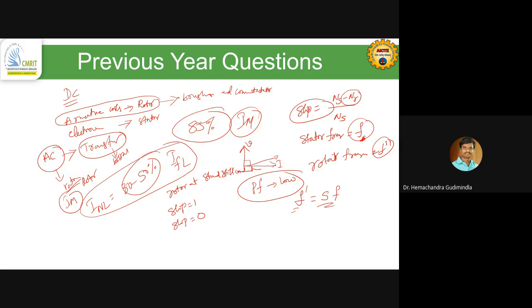Slip will become 0, right? So whenever the speed varies from no load to synchronous speed, slip will vary from 1 to 0. This is speed and here it is slip. Now this is in case of a motor.